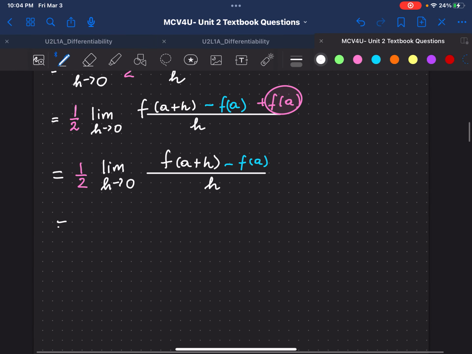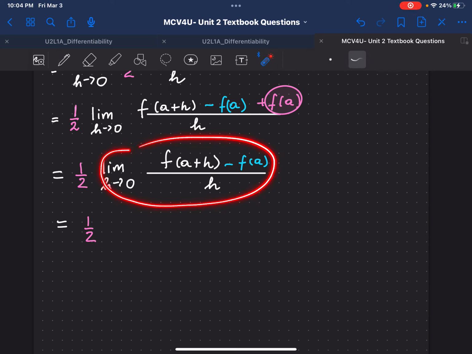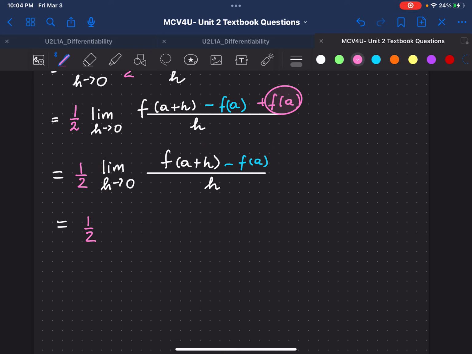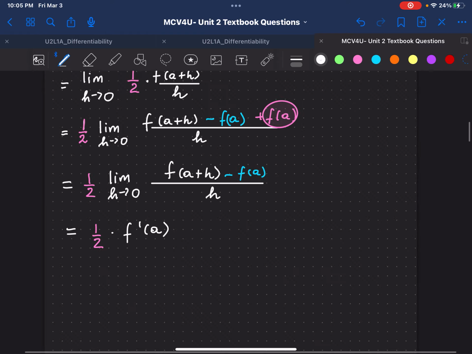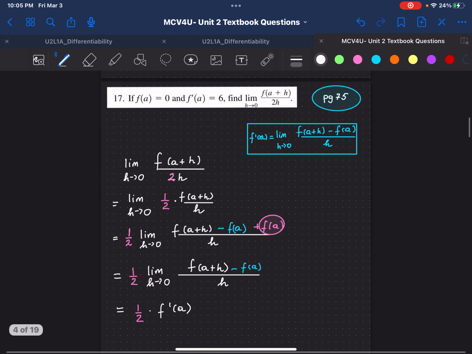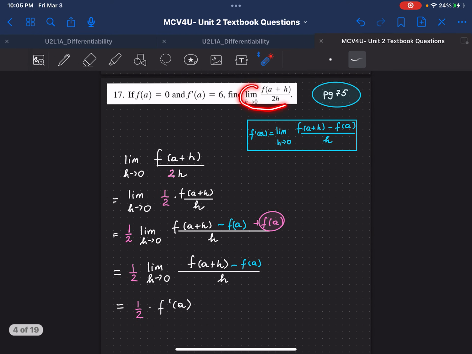So, moving on, we have 1 over 2. And then the entire expression in here would be f prime of a. So we just found the simplified expression for the limit as h approaches 0 of f of a plus h divided by 2h.